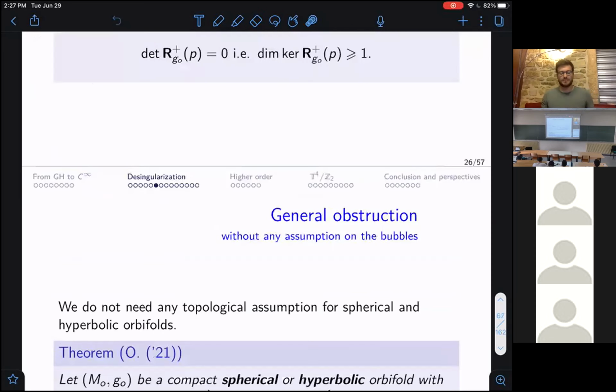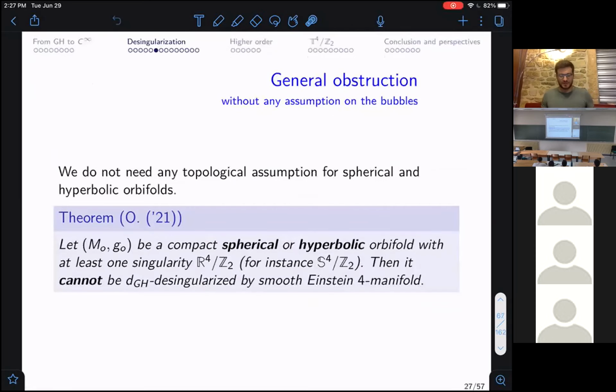But here, this year, I have a new result, which is that the obstruction is general and does not require any topological assumption for a spherical and hyperbolic orbifold with singularities like this. So for instance, your American football metric cannot be a limit of smooth Einstein metrics. It's impossible to approach it in a Gromov-Hausdorff sense by smooth Einstein metrics.